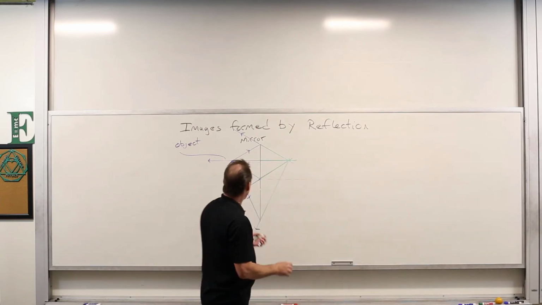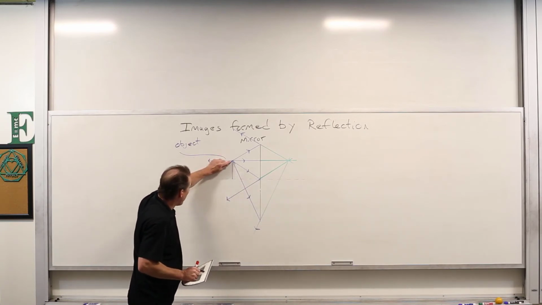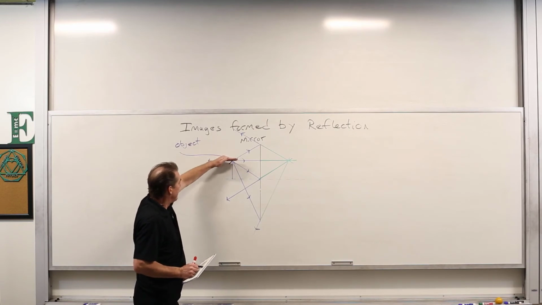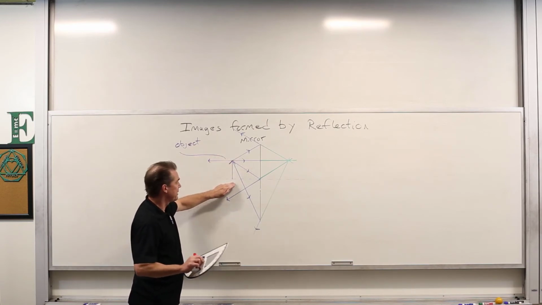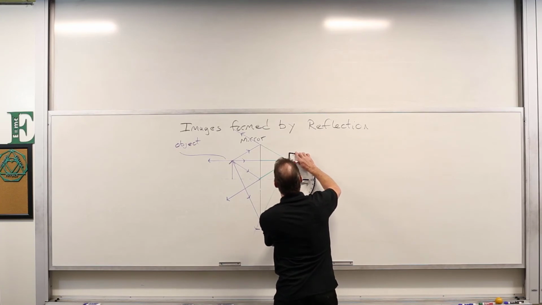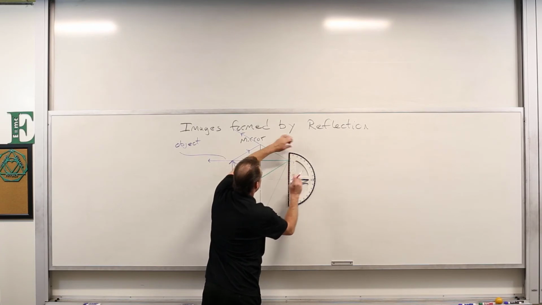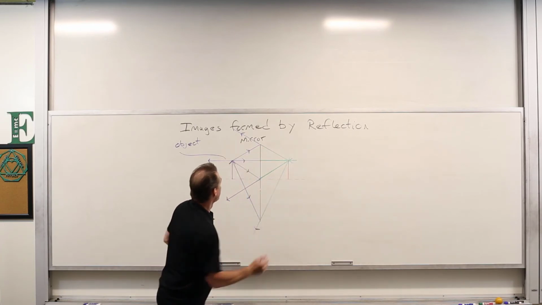So what could we do? We could do this for every point along this arrow and translate it down to the principal axis here. And what are we going to get? We're going to get a translation of the image down to the principal axis.